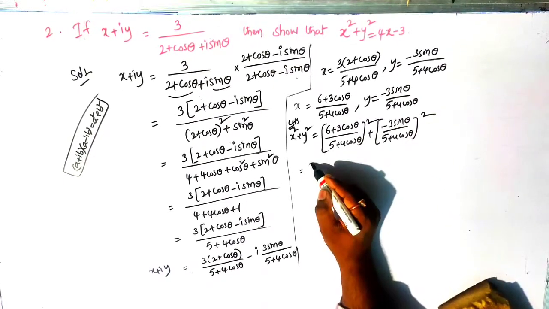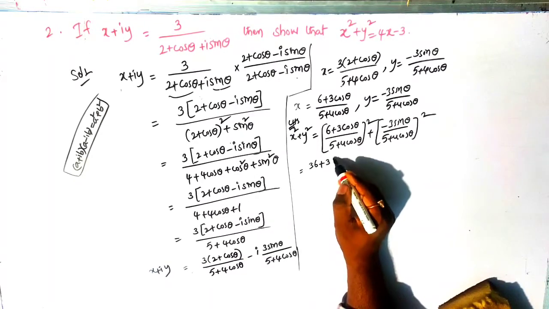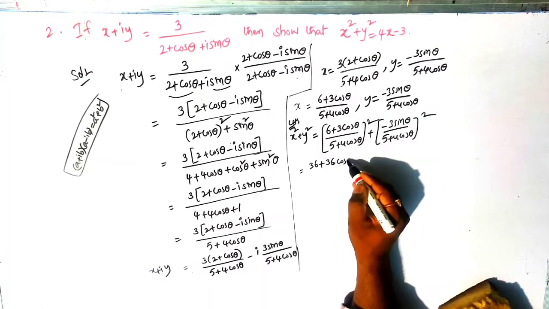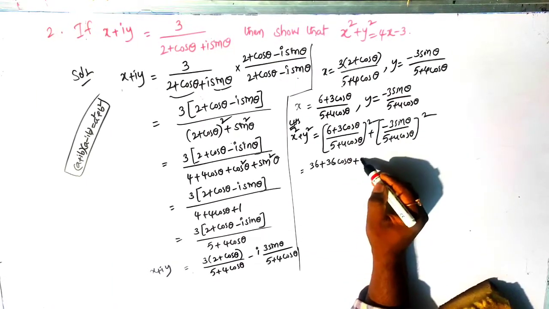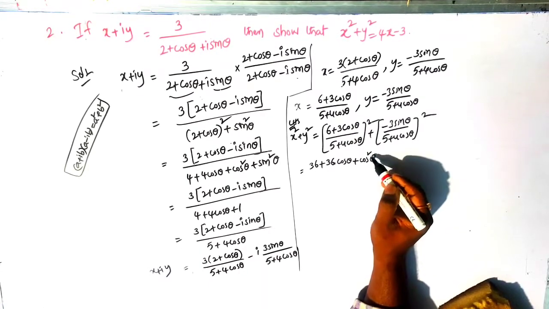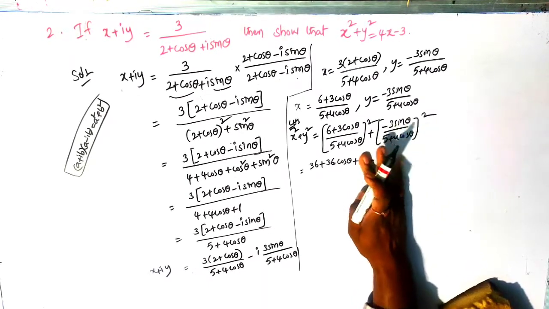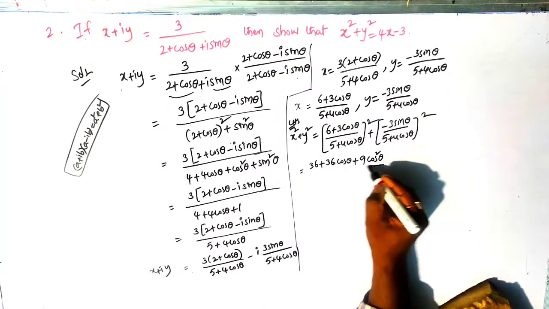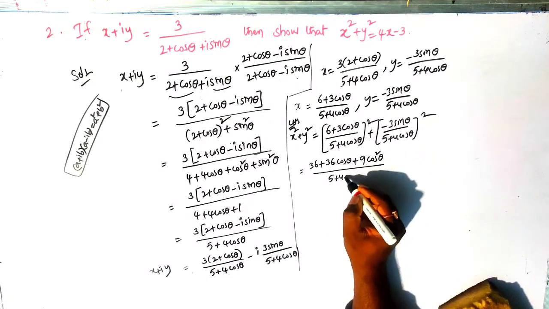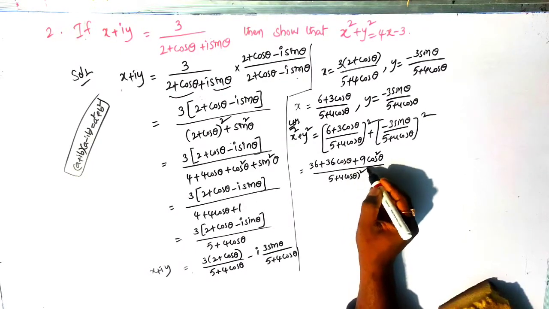So (a plus b) whole square: 36 plus 36 cos theta plus 9 cos square theta, we get here. 9 cos square theta by (5 plus 4 cos theta) whole square as it is written. Why?